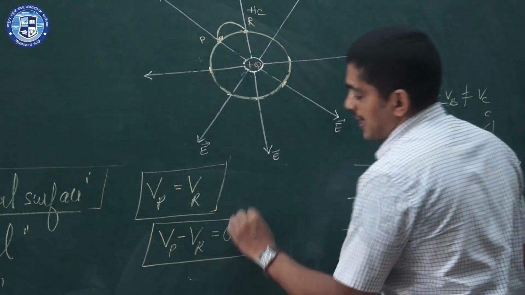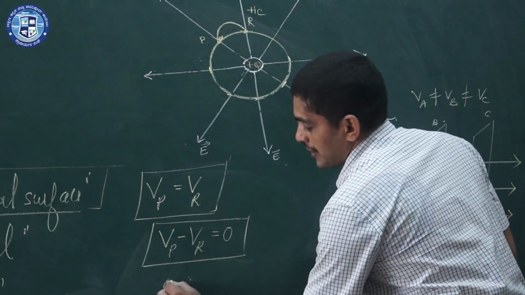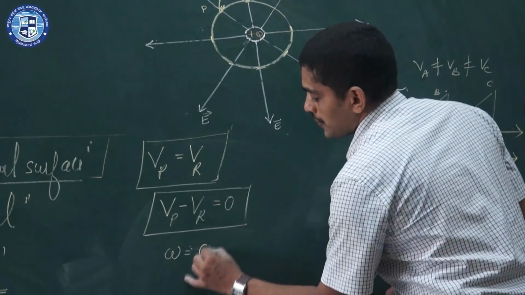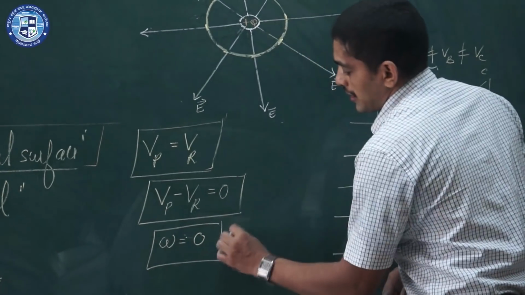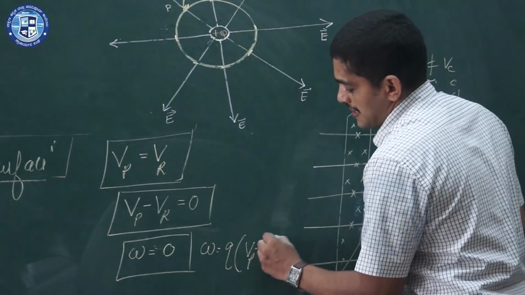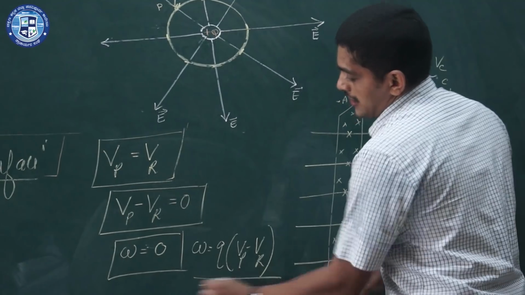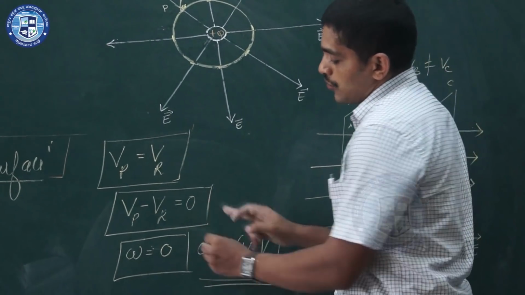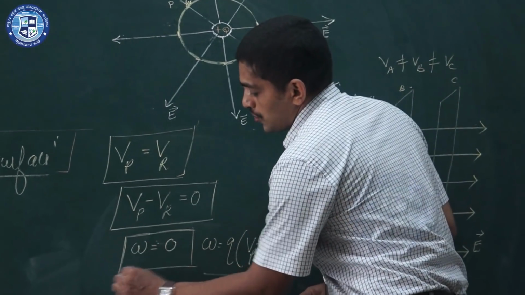If Vp minus Vr is equal to 0, then the work done must be equal to 0. Why? Because work done W is equal to Q into Vp minus Vr. Since Vp minus Vr is equal to 0, work done goes to 0.